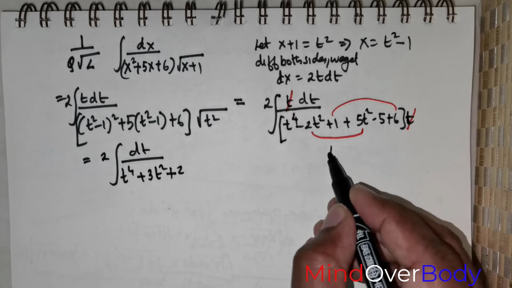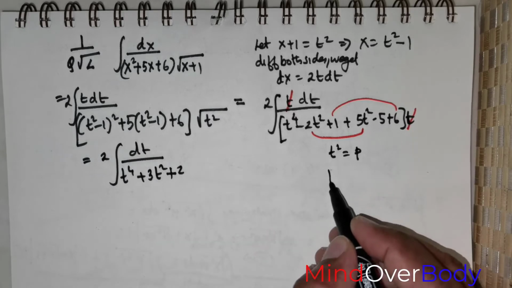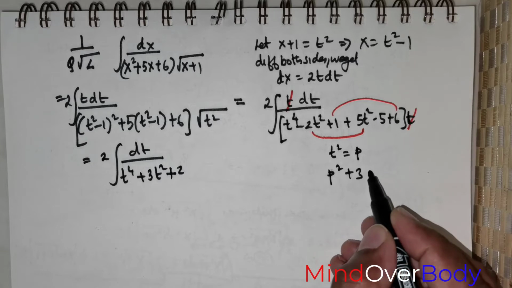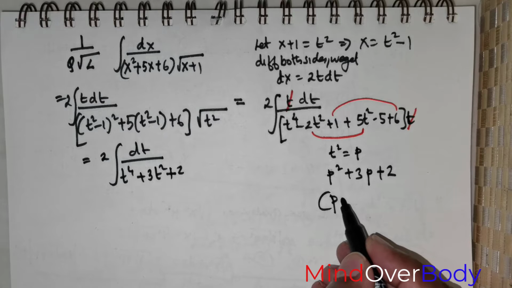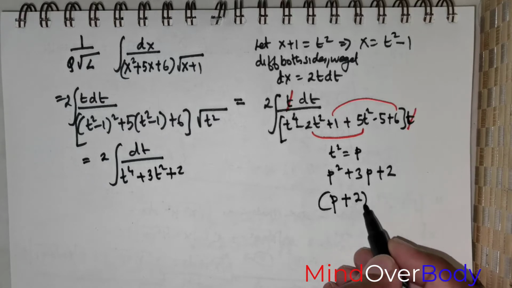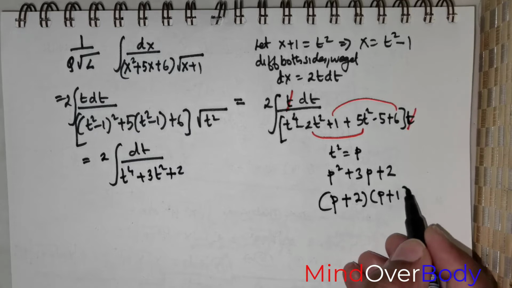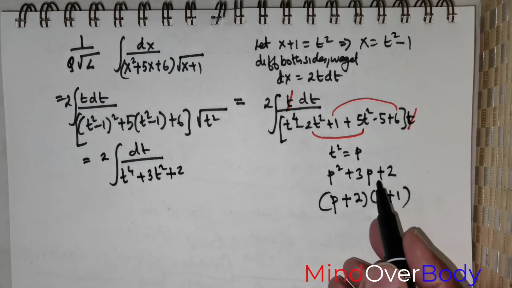So suppose you were to take t squared is equal to say some p, this is rewritten as p squared positive 3 times p positive 2. If you can rewrite this in factored form as p positive 2 times p positive 1, this will give you back this expression.